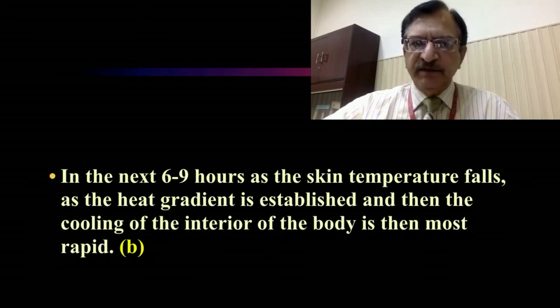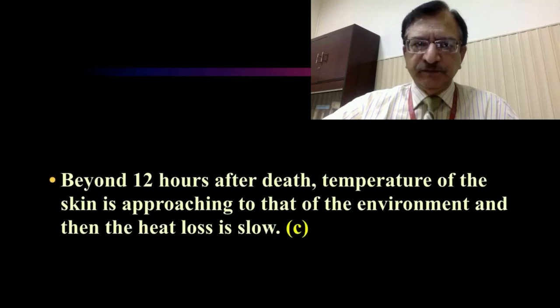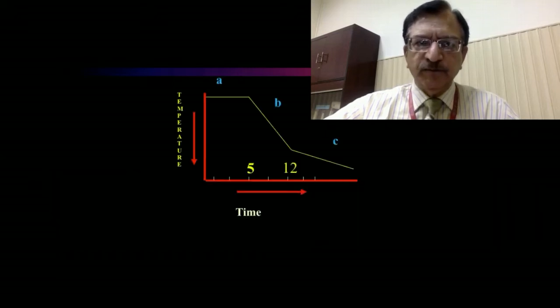So this shows the next part of the curve: in the next 6 to 9 hours, as the skin temperature falls and a gradient is established between the body and the environment, the interior of the body will also fall rapidly. And beyond 12 hours after death, the temperature of the skin approaches the environmental temperature, so the loss of heat will be slow. This will be the C part of the graph which I am showing you.